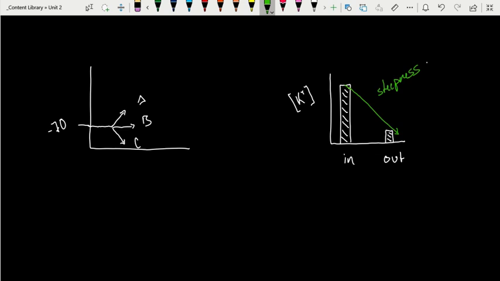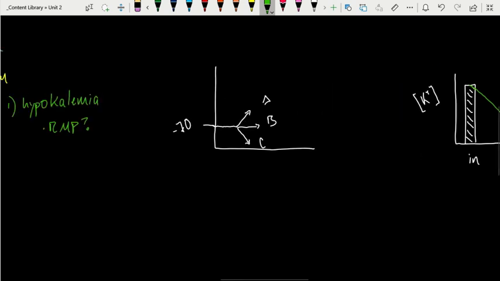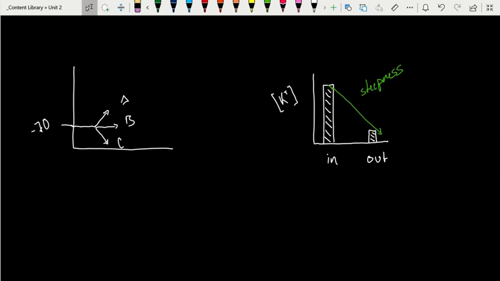So in this case of hypokalemia, we're talking about the outside, and we've actually decreased the amount of potassium on the outside. In other words, instead of a bar that's this high, we've only got a bar that's this high. And we see what that does to the steepness of the gradient.